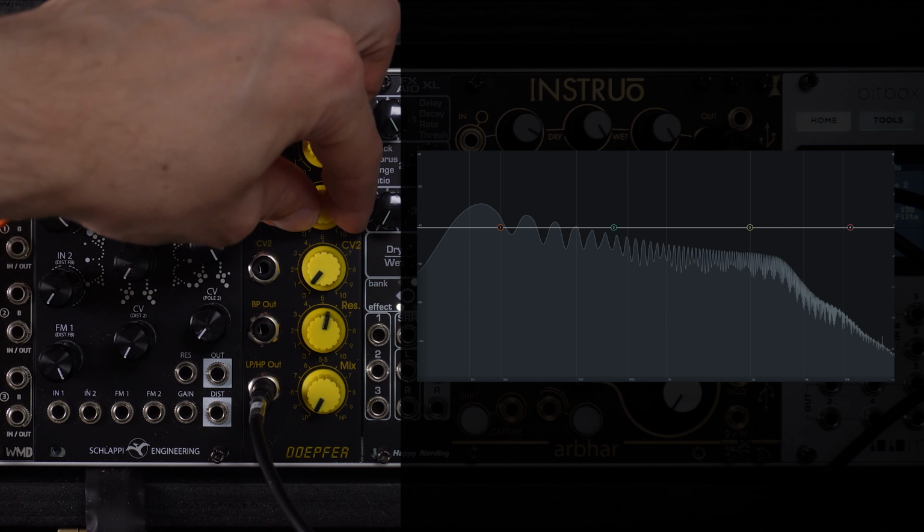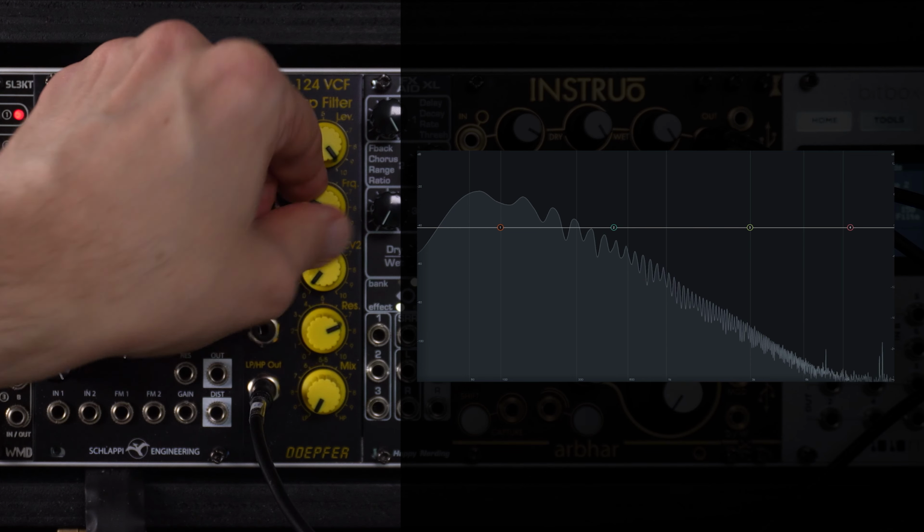But when the resonance is at a lower level, such as 7 or 8, the sweeps are much more stable.